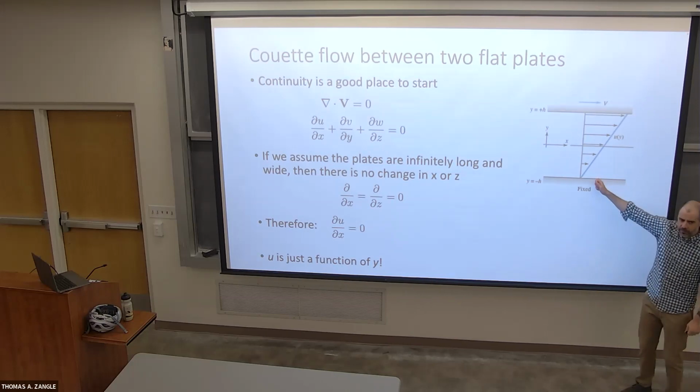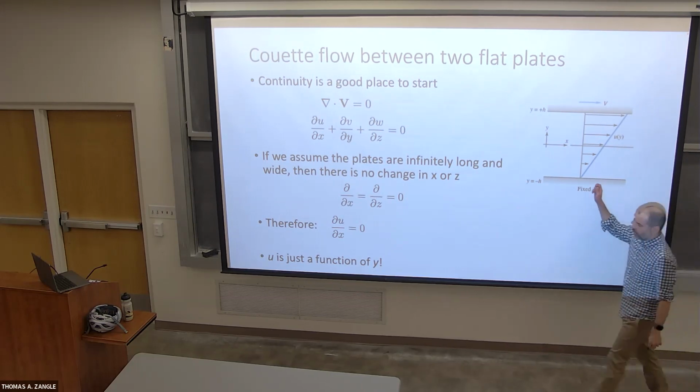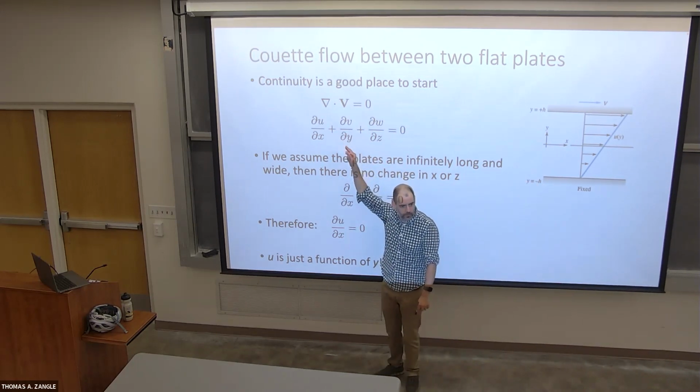And if we know, for example, that the y component of velocity is equal to 0 at the bottom plate, then this allows us to solve for the y component of velocity. So the constant is equal to 0.